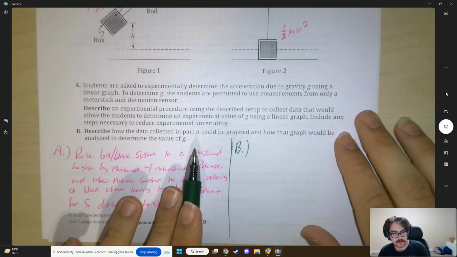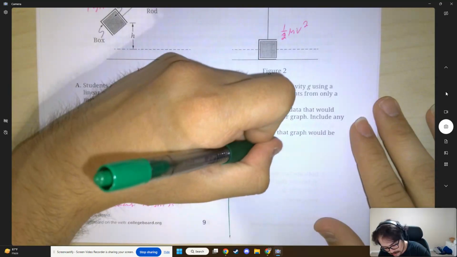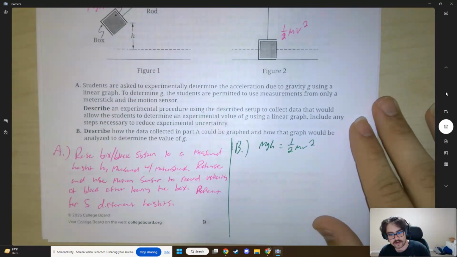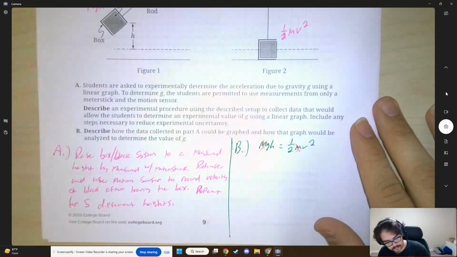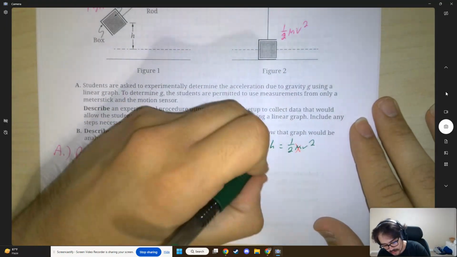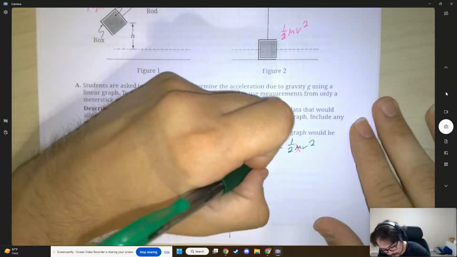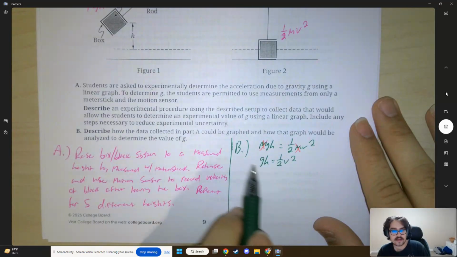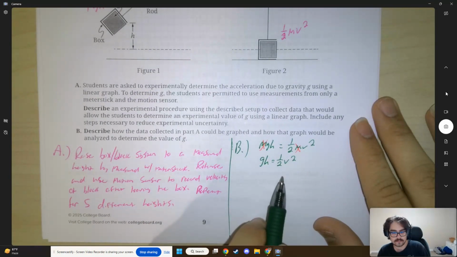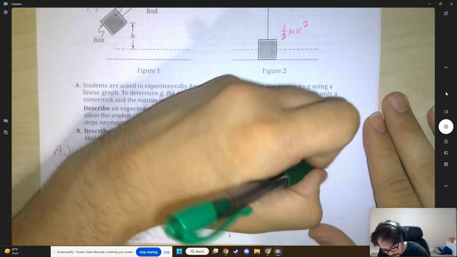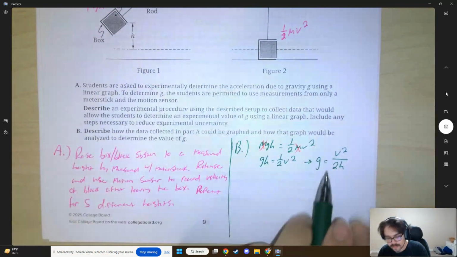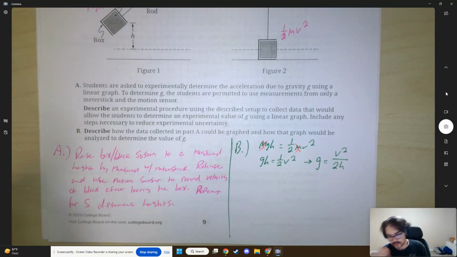Well, the way to do that, right, is I can use my conservation of energy. mgh is equal to 1/2 mv squared. I notice right off the bat my m's cancel out, as typically happens in conservation of energy, and this becomes gh equals 1/2 v squared. And I need to get g by itself, right? So I divide h on both sides, and that just becomes g is equal to v squared over 2h. And wait a minute, I've effectively linearized the equation, right?